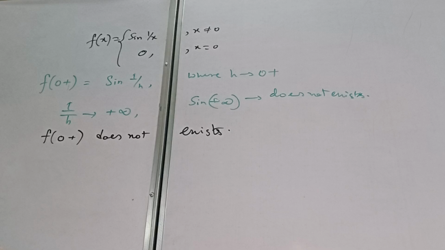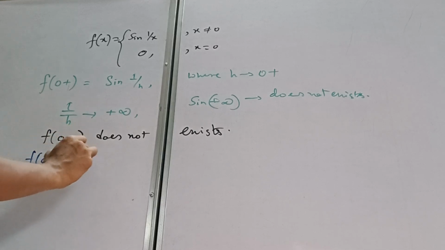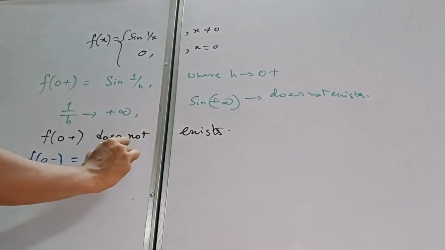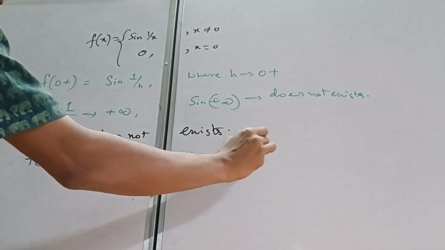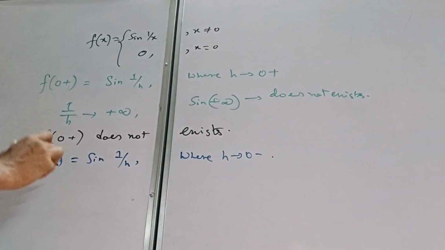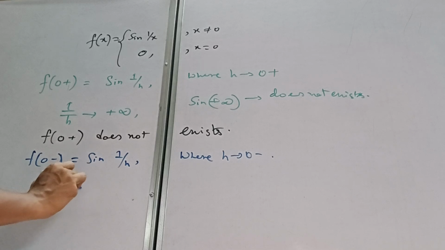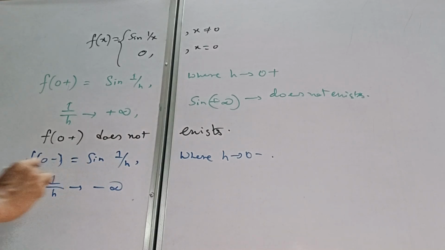In this way we talk about f(0-). That means sin(1/h), where h tends to 0 minus. Then 1/h tends to what? Minus infinity.